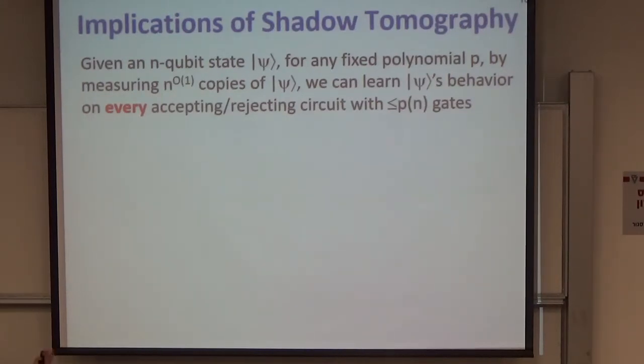This is just applying my shadow tomography theorem, using the fact that there are at most exponentially many different quantum circuits of at most a polynomial size, as long as we fix a finite basis of gates.